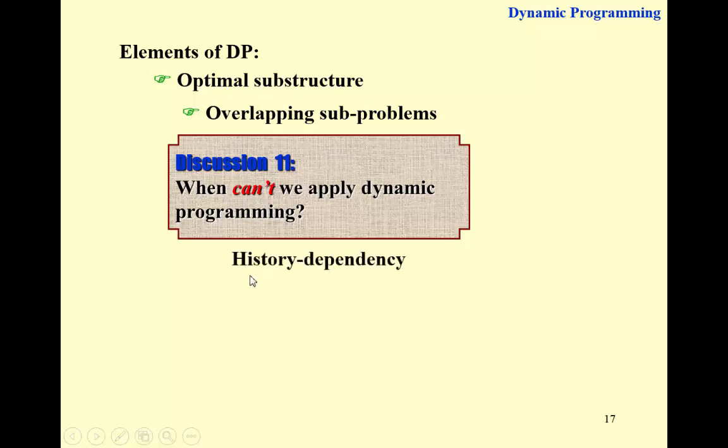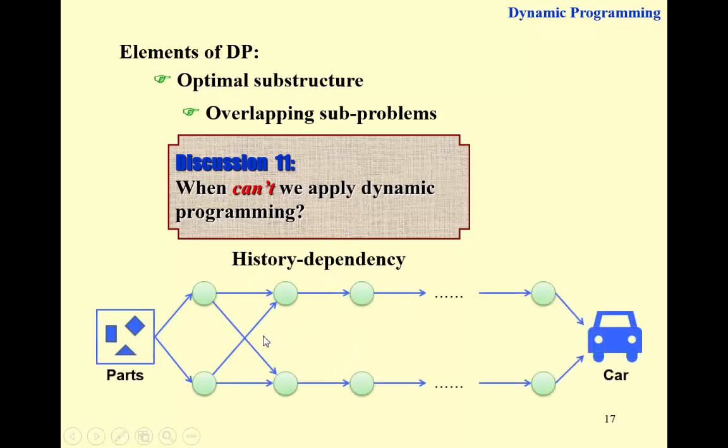So for example, if there's a history dependency in this problem, for example, if there is an extra constraint saying that if we take this stage from the first line, then we must not use this stage in the second line. That is called history dependency. If we take the first move to be the second line, then it's okay to use this one. But if we make the first move in this way, even though we can jump to the second line, we are not allowed to use this stage.